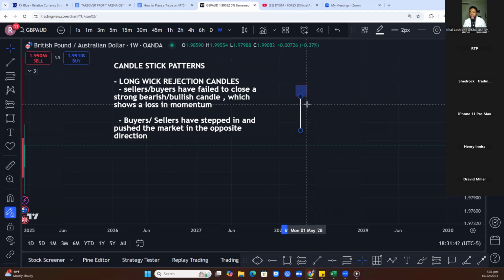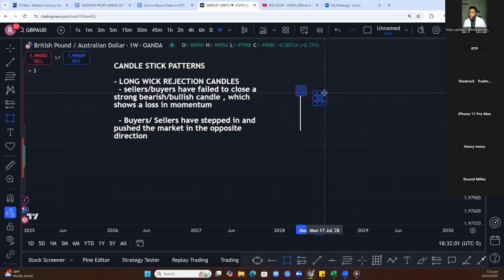Some may know it as a bullish pin bar, all the same, a candle with a long wick. And on the flip side, you got a candle like this with a long wick at the top.